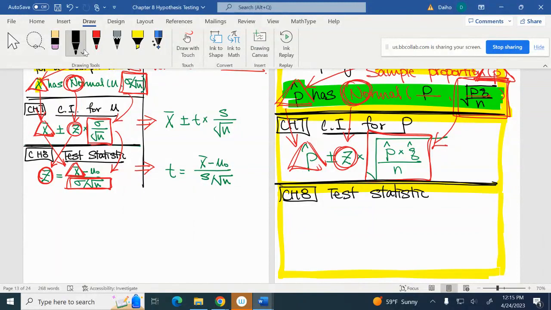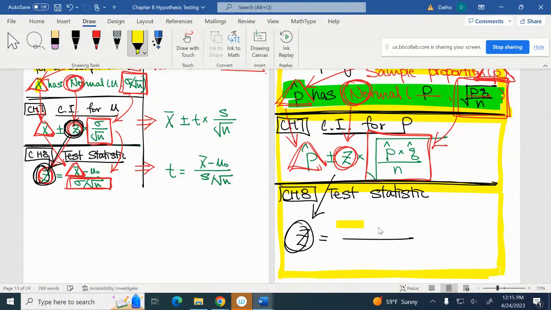It must be the Z-score. See, Z was here and Z was here, right? Must be Z. Then the Z must be something minus the other thing divided by the denominator, right? So what do you expect first?